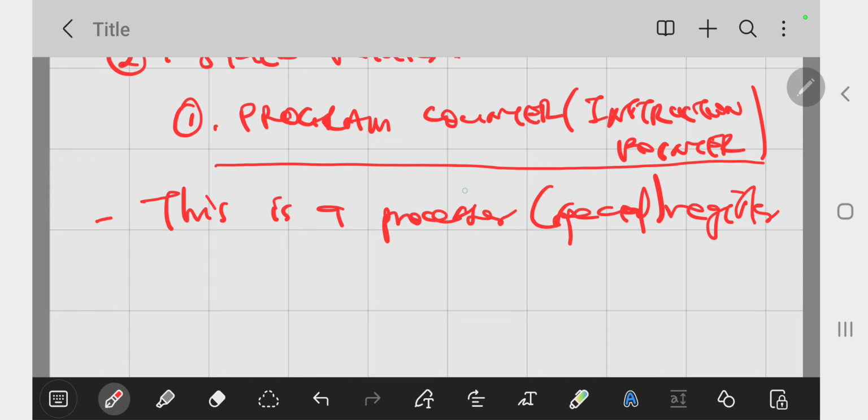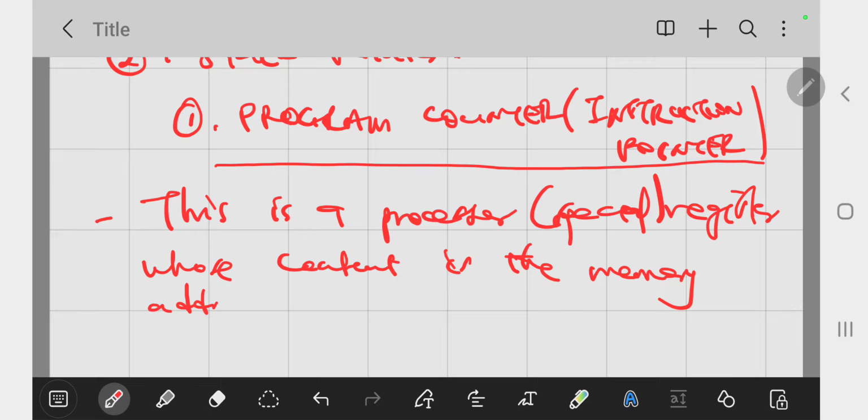The program counter is a processor special register whose content is the memory address of the next instruction.